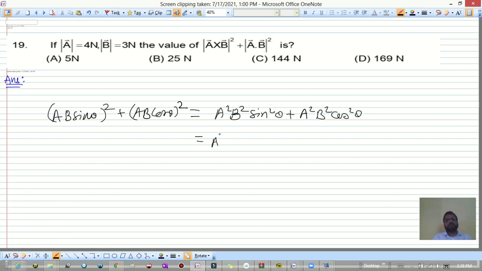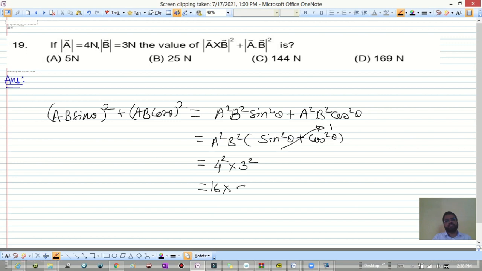Take A squared B squared common, in bracket sin squared theta plus cos squared theta. What is sin squared theta plus cos squared theta? This is the identity and that is 1. So A squared into B squared, that is 4 squared into 3 squared. 4 squared is 16 into 3 squared is 9. If you just solve this, you will get 144 is the answer. That is 144 Newton squared is the answer. So this is the correct answer we have. I hope this is clear now.